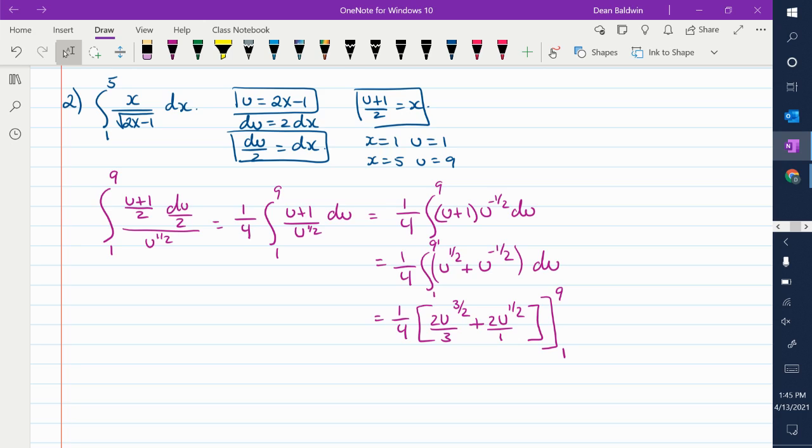These are u's now. I move the 1 over, so it becomes plus, and divide off the 2. Freeze it.